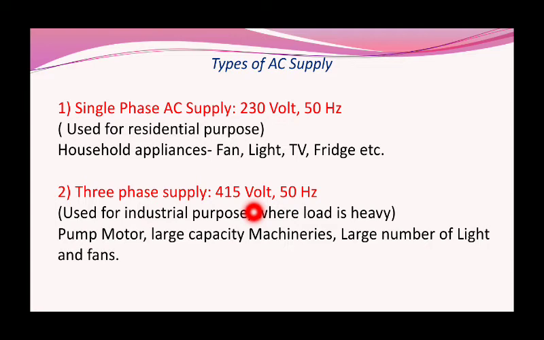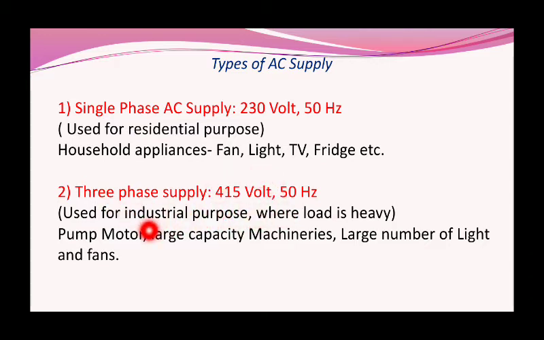Usually it is used for industrial purpose, meaning if the load is more, for example, a big company or a big corporate office, the load is more, so in that case we use a three phase supply. In three phase supply there are three wires, red wire, blue wire and yellow wire, plus one neutral wire. So there are 3 to 4 wires in three phase supply.